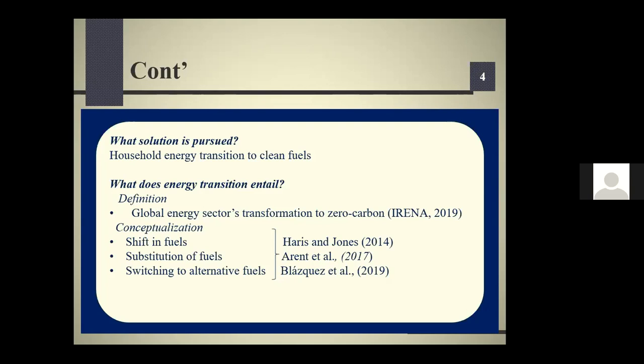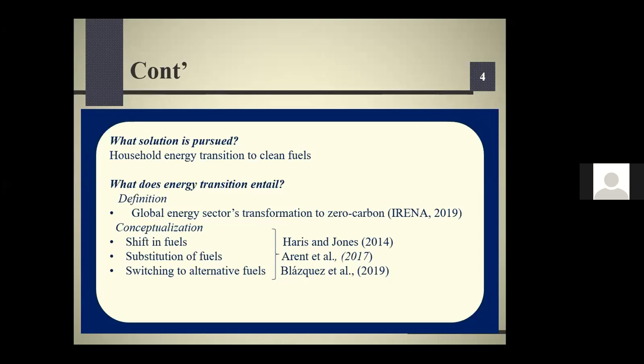But when you read the works of Arendt and his colleagues in 2017, they say it's about substitution in the fuels, such that if a household has been using cow dung, and the social status of the household improves, then that household should be able to substitute cow dung, for example, with kerosene. So for them, energy transition is about the substitution of fuels and the associated technologies.